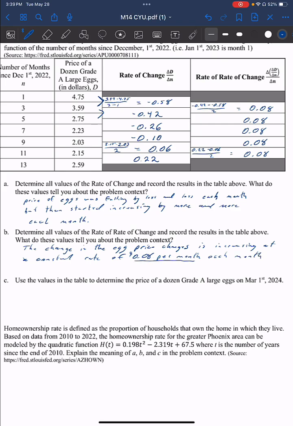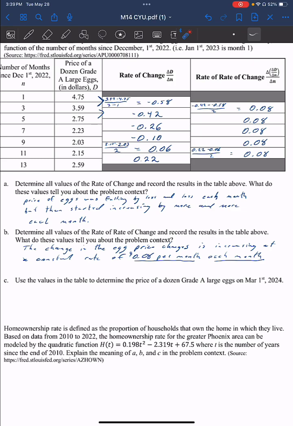Okay. So this value here is getting larger and larger, right? Less and less negative, so larger and larger at a constant rate of $0.08 per month.